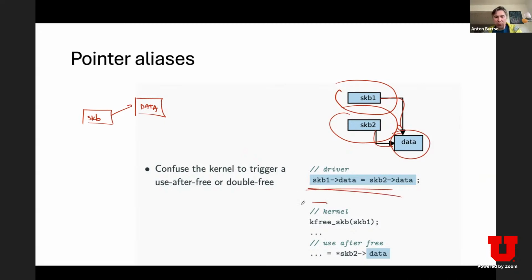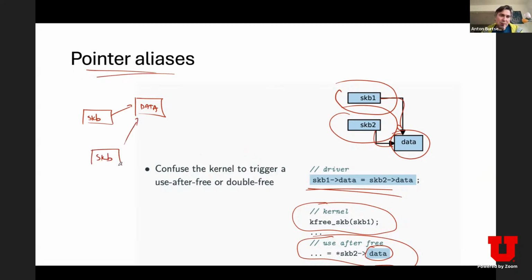What happens when the kernel first frees the first SKB, recursively frees the data? Obviously, that's how the destructor in the kernel works. And then you use the second SKB because this is no longer live memory. So this was deallocated. So it's a use-after-free attack because we just confused the kernel that the two SKBs point to the same data.